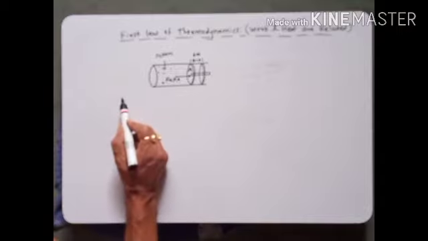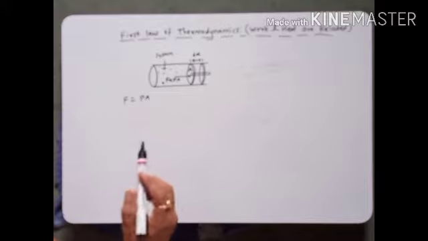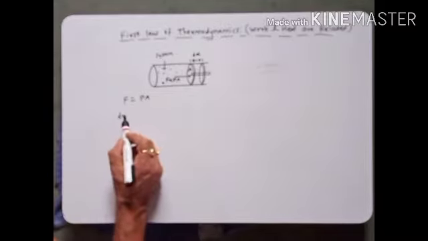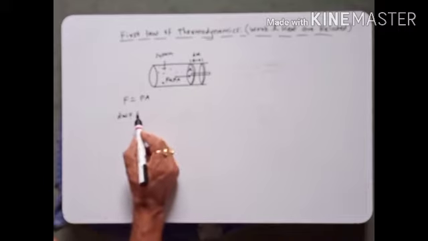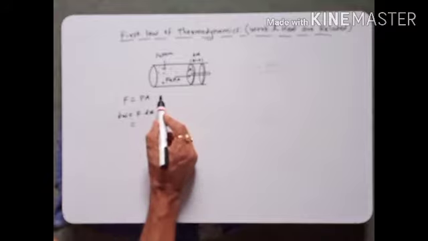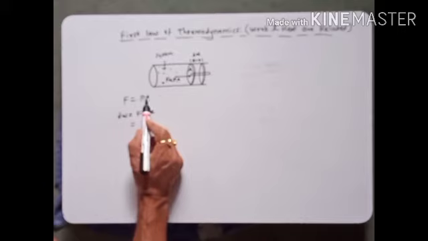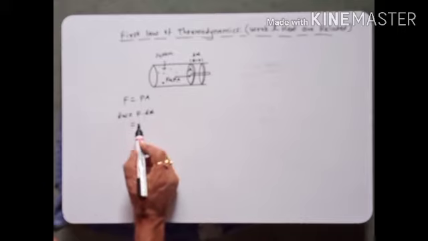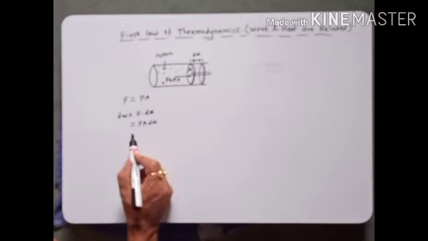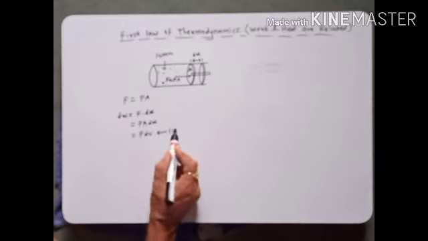Now, if the piston moves through a small distance dx, then dW is the small work done. dW is equal to F into dx, which is equal to PA into dx, or I can write P into dV. Suppose this is equation number 1.